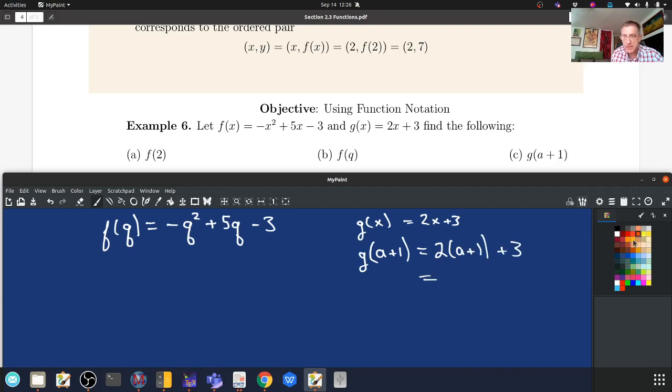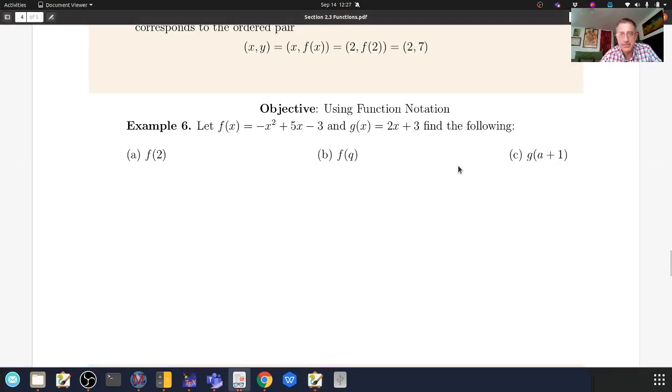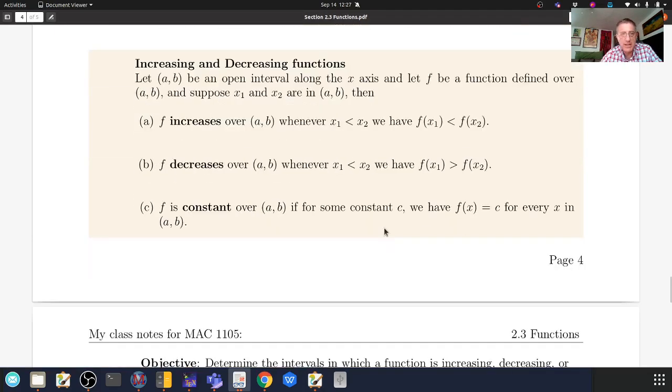Now I'm going to have to simplify. You have to simplify, use distribution. So that's equal to 2a plus 2 plus 3. So that's equal to 2a plus 5.